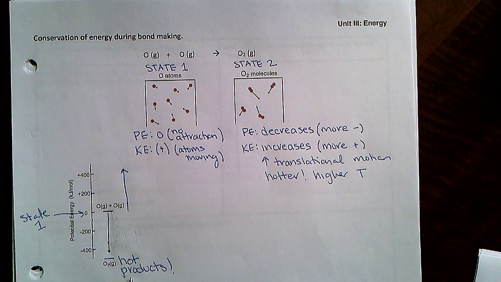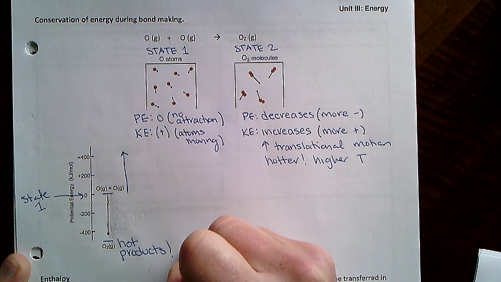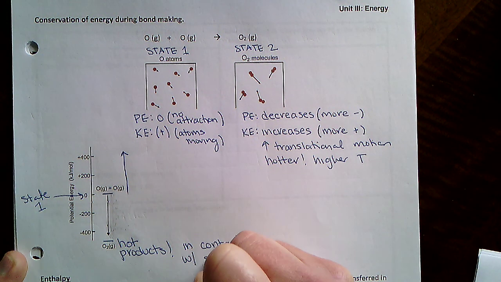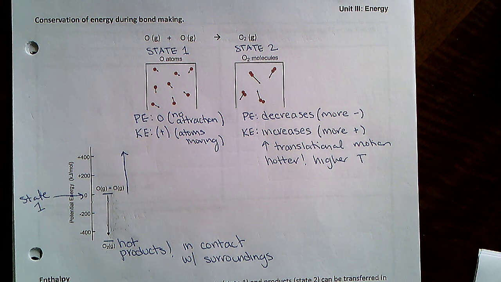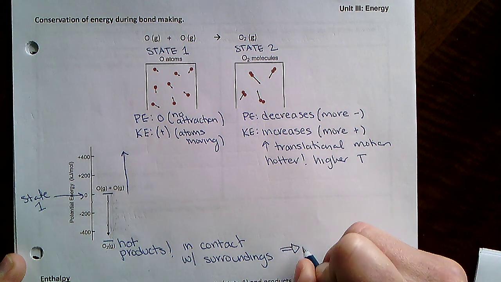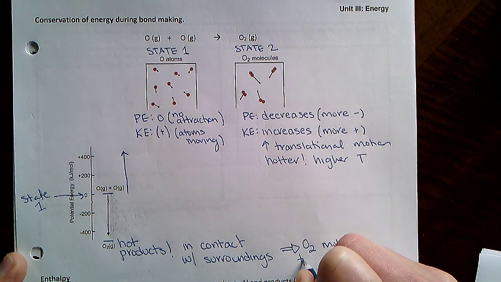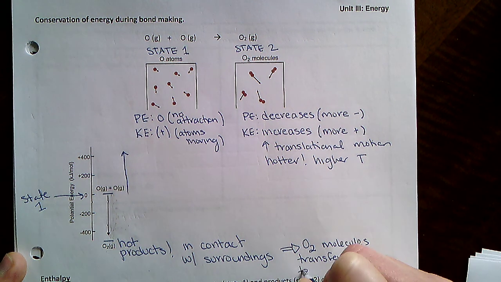Now go back to lecture 17. If you have these hot oxygen molecules in contact with the rest of the air, or I'm just going to say in contact with surroundings, now you're going to have heat transfer. So the O2 molecules transfer heat to surroundings.